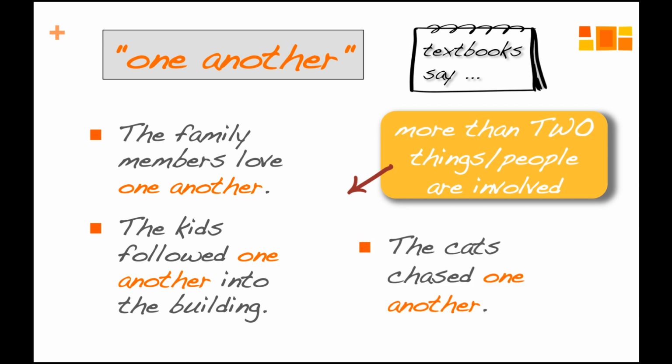And when you say the cats chased one another, according to grammar books, that actually means that there's more than two cats involved. Alright, so far the textbooks say each other for two items and one another for three items or more than two items.